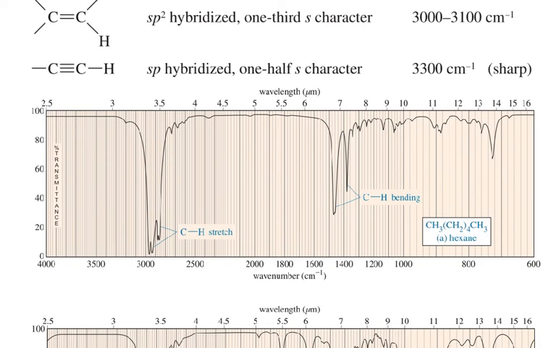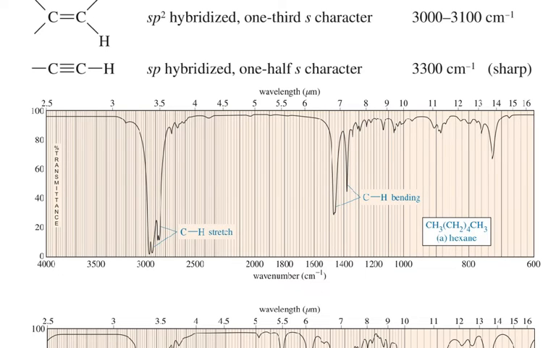For the terminal alkyne, we discussed the CC bond is going to be around 2100 to 2200 wave numbers, but the alkyne CH is our really good signal of a terminal alkyne, because we're going to see it at 3300. Not a lot of stuff goes past 3000.